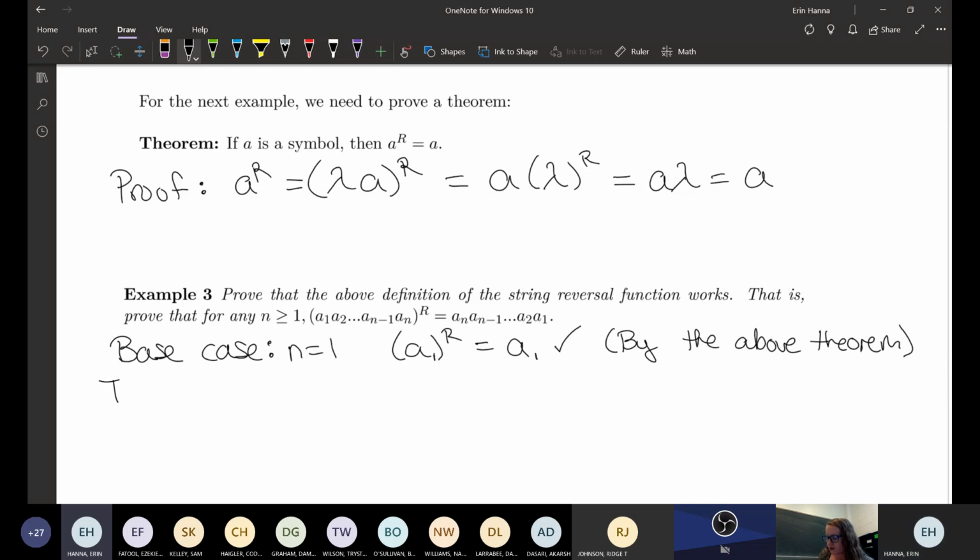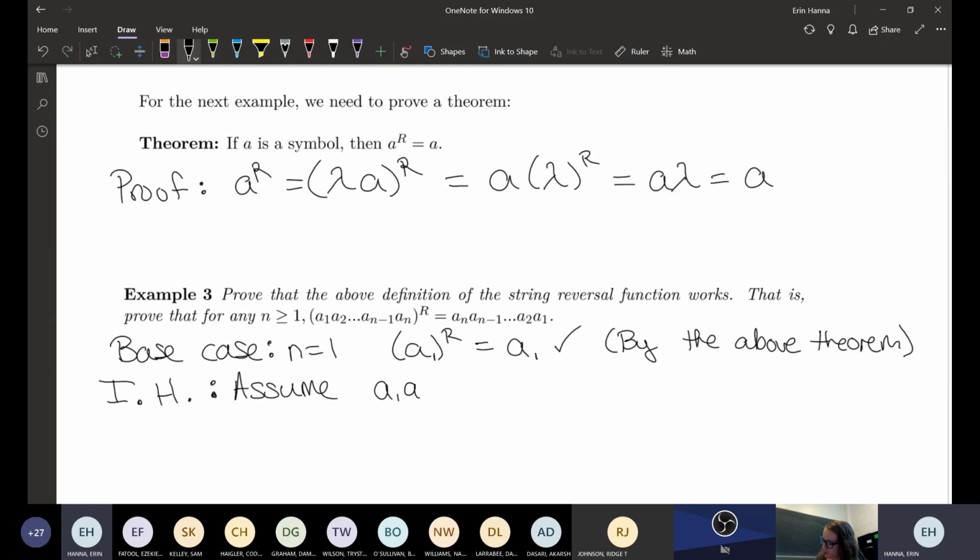So now we've got our induction hypothesis, which is to assume that this idea holds for some k minus 1. So we're going to take k minus 1 symbols and assume that their reversal is just those k minus 1 symbols written backwards.